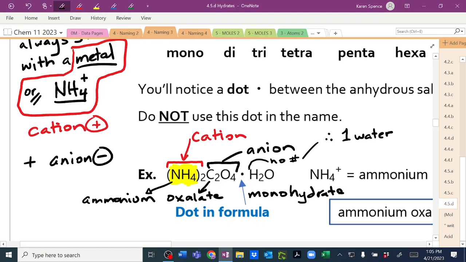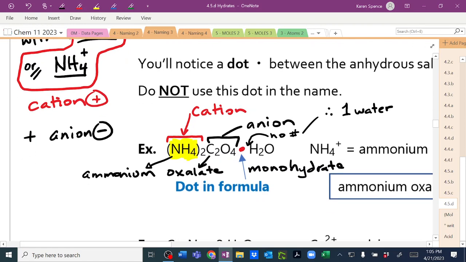Now, one thing I wanted you to notice here is this dot in the formula. That is a dot. It's not a times sign. Okay, the dot is not a times sign, so don't say times. It just means that the water is held in the crystal by intermolecular forces.